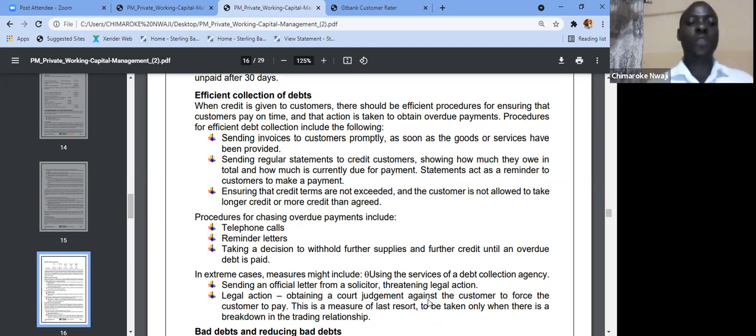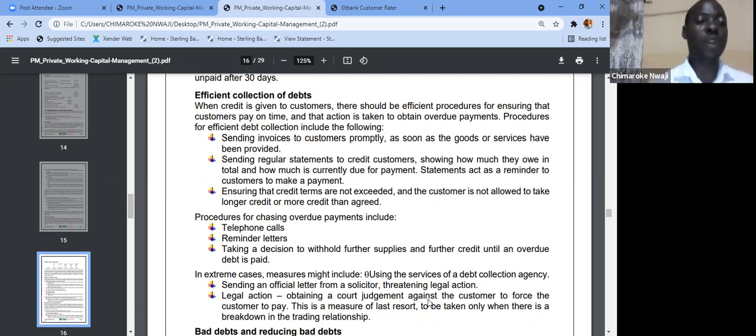That way, when you have threatened legal action, or you are using a debt recovery agency, they know that if it enters their credit record, it will spoil their record. So can you imagine a company like Dangote being pursued by a debt collection service, or being sent a threat of legal action?